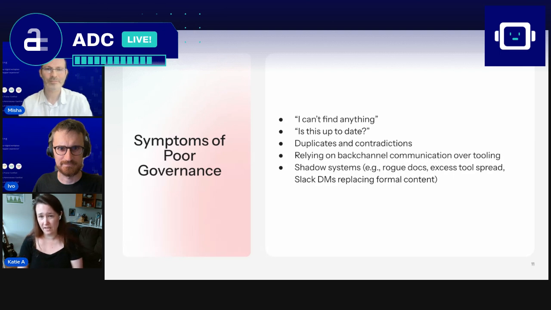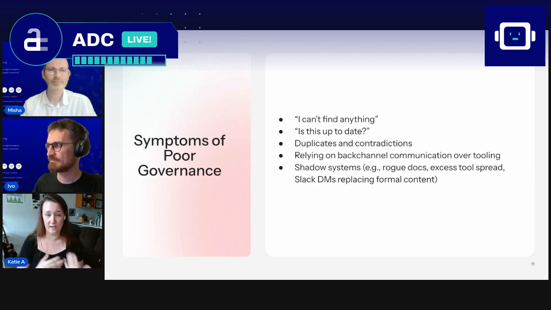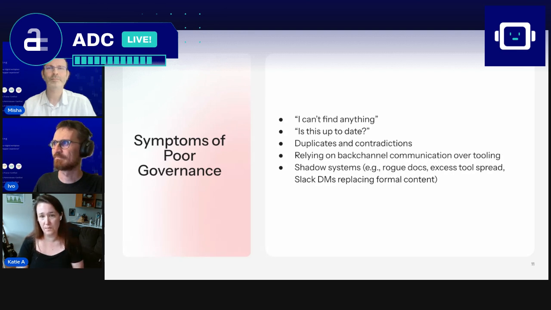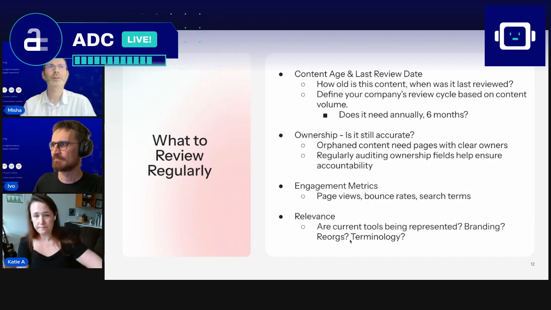That goes into the shadow systems thing too, right? Random docs in different places, other tools like Slack or whatever that are replacing the actual content management system you're using that's supposed to be a single source of truth. So when you start seeing these things, that's when it's really important to start thinking about what you can do to manage your content a little better. So that goes well into here.